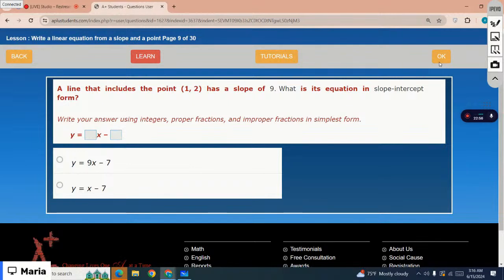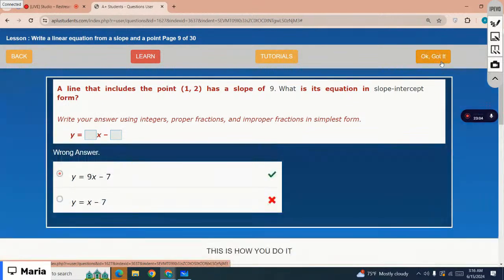Oh, the slope is 9. Sorry, not 1. Option number 1 is the correct option.